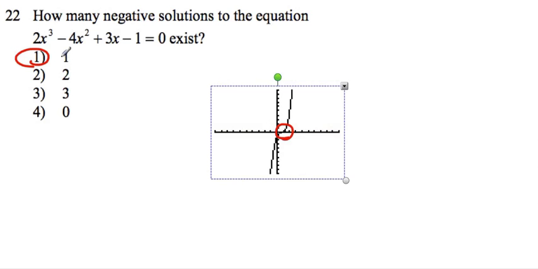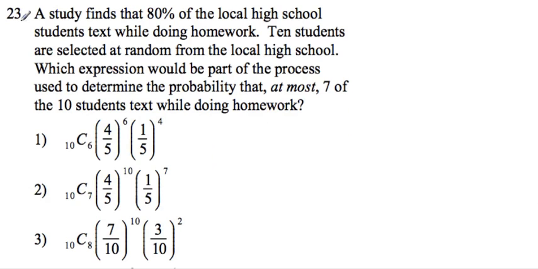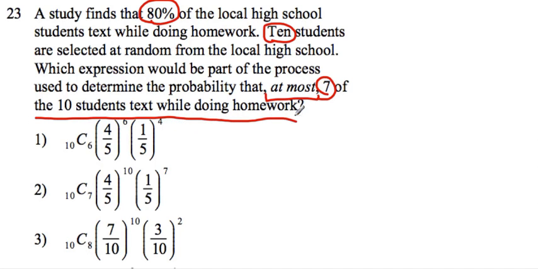Let us look at the next question. Number 23. A student finds that 80% of the local high school students text while doing homework. So 10 students, this is important, 80% and 10, selected at random, will be part of the process used to determine the probability that at most 7 out of the 10 students text while doing homework.